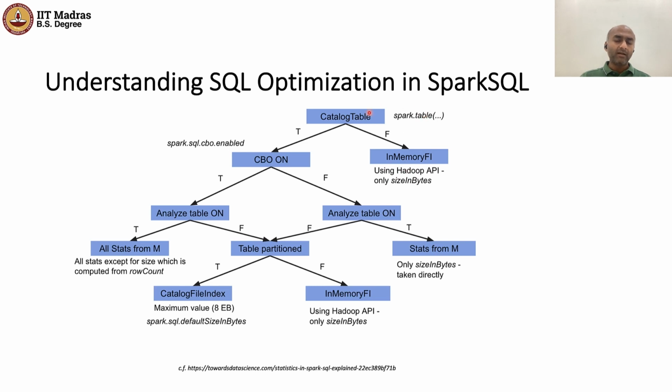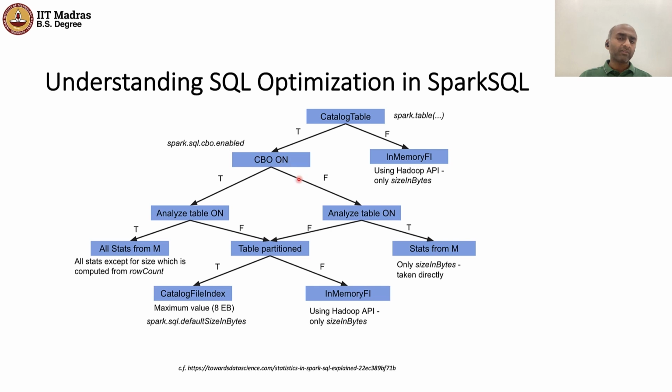But on the other hand, if it's a table that's actually there in the catalog, which means the Hive metastore or the Spark metastore knows about it, then it checks whether the cost-based optimizer is enabled. If the CBO is on, then it looks at whether the table has had an analyze statement executed on it.